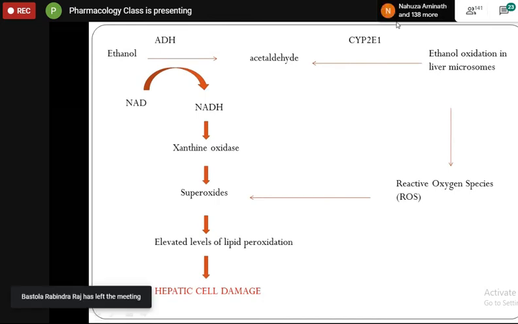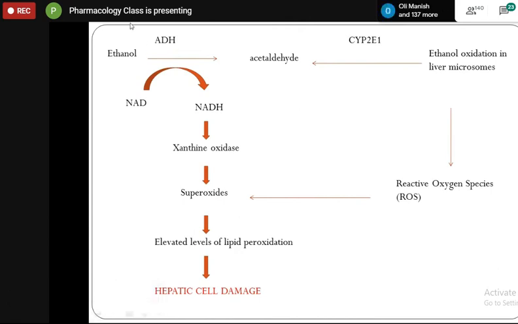Do you remember that cytochrome P450 enzymes in the liver metabolize drugs? Ethanol can be metabolized by both pathways, ADH as well as CYP2E1, the main one being the metabolism by ADH.